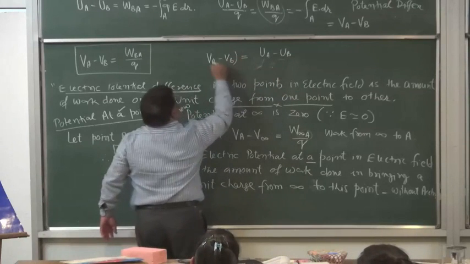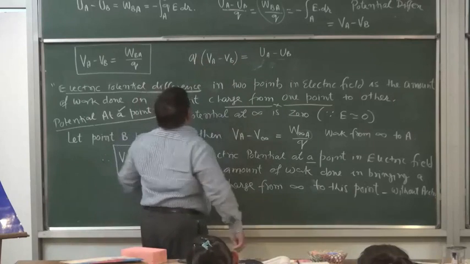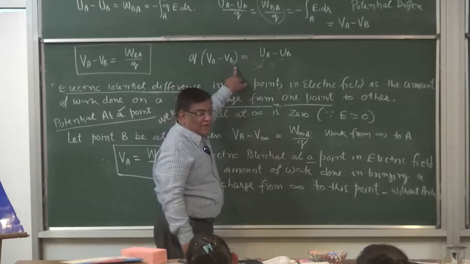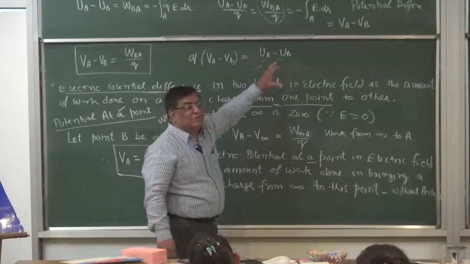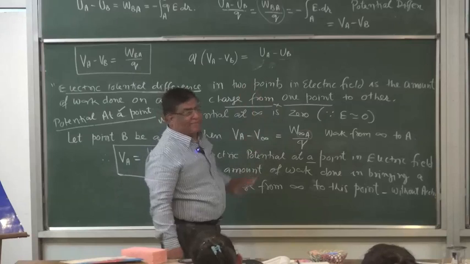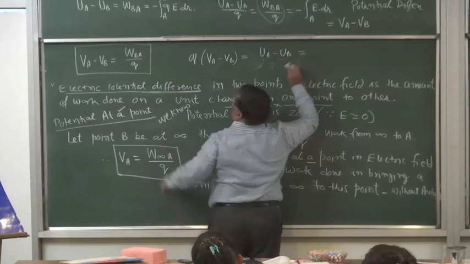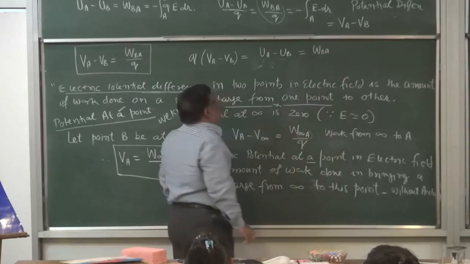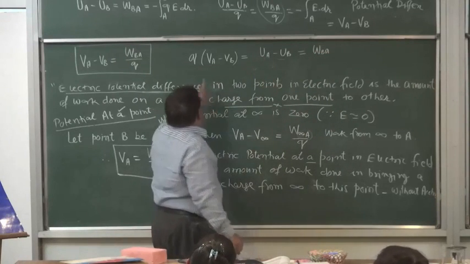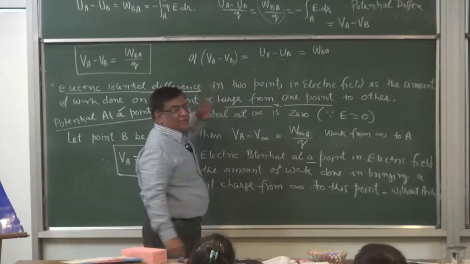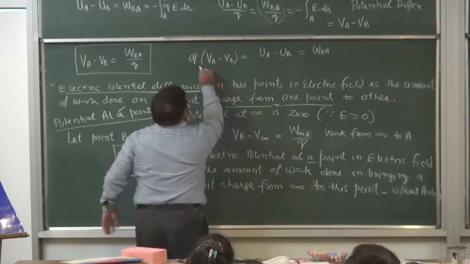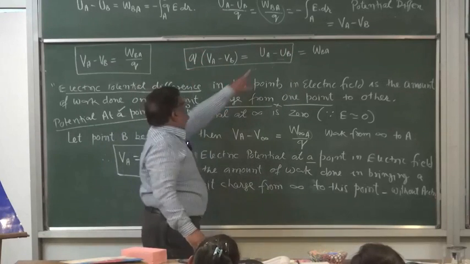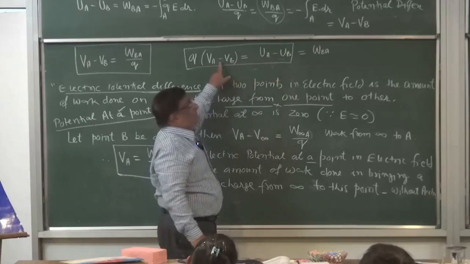You bring this Q here, and what do we get? This formula. This is the potential difference, and this is the energy difference or the work done. Potential difference gives energy difference.